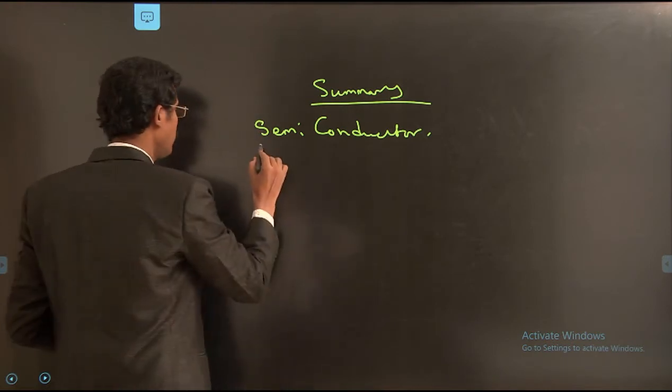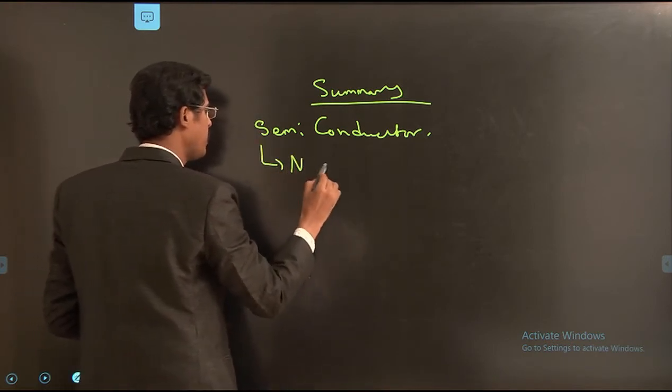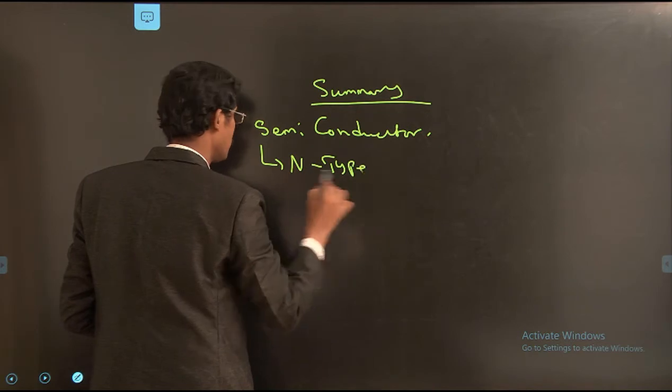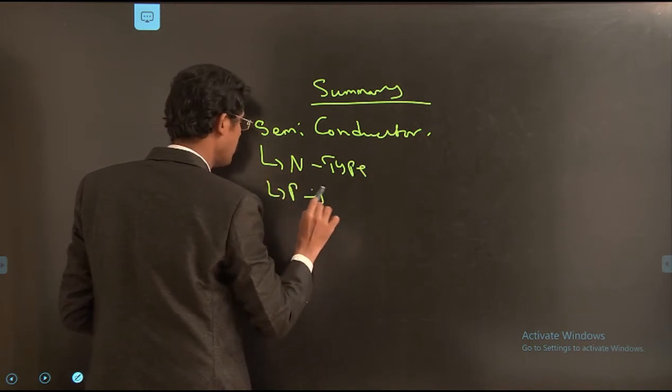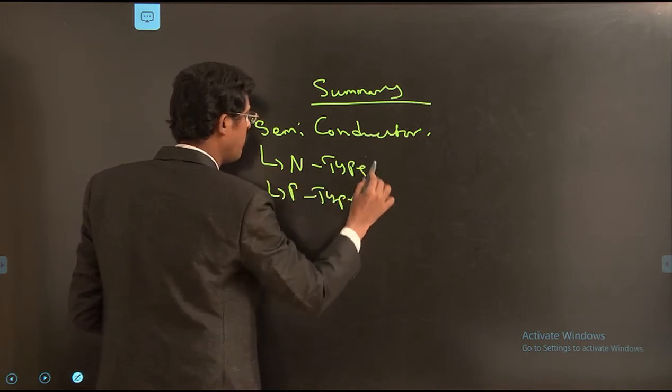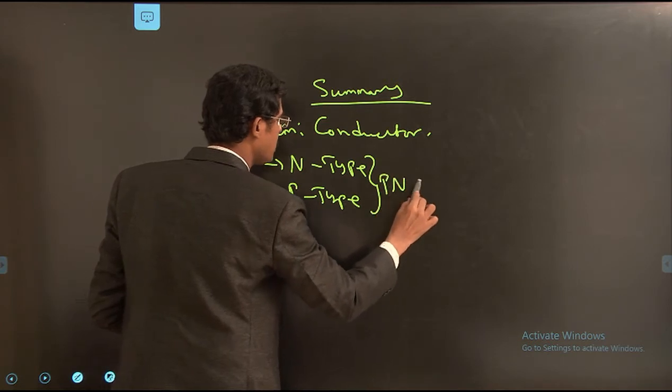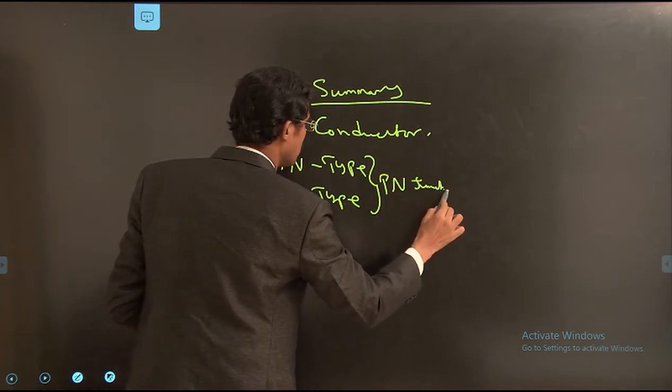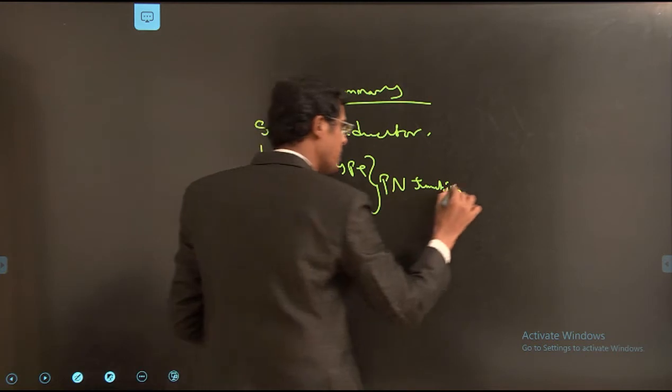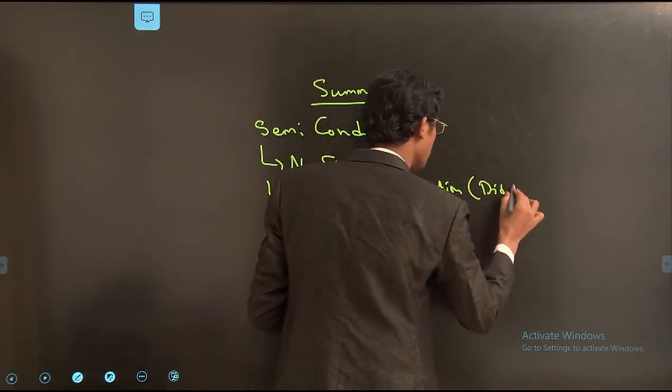There we have seen the N type and the P type, and we combined these to form the PN junction, and from the PN junction we call it a diode.